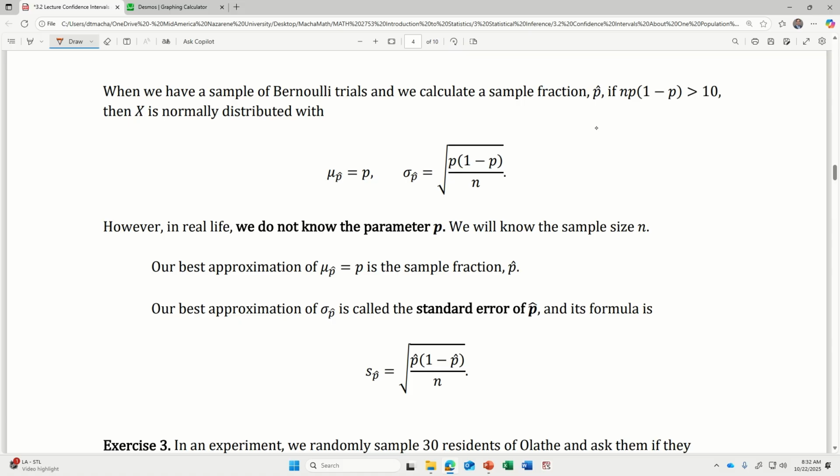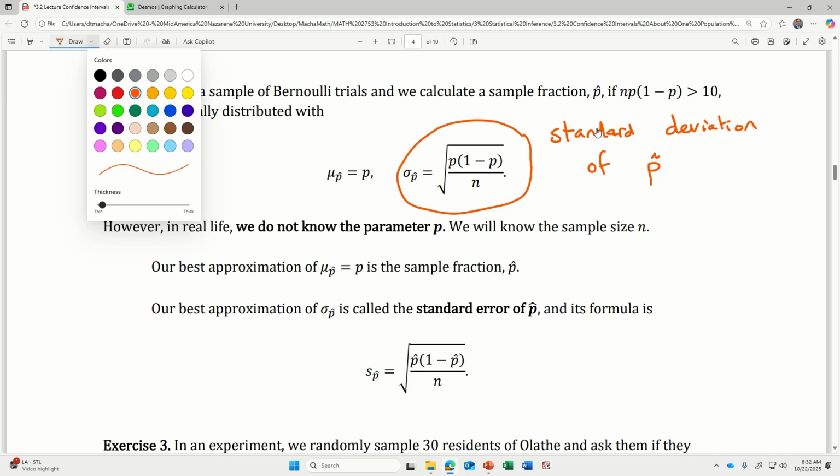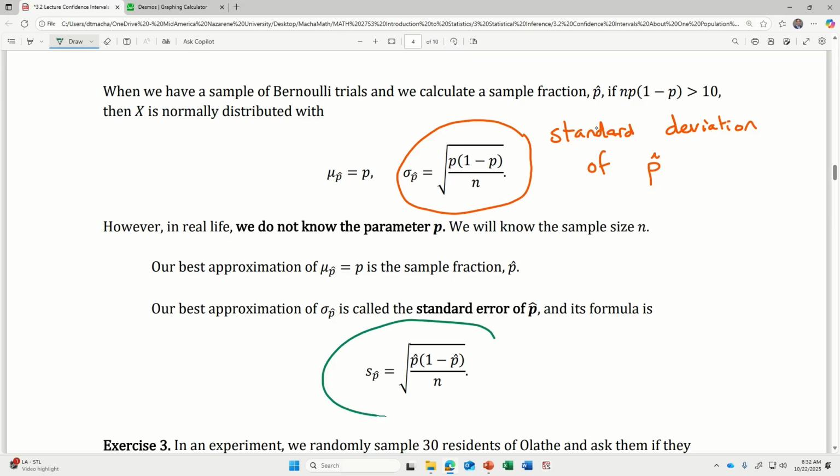And so while this would be the standard deviation of the sample fraction, this very similar looking formula is what we call in statistics the standard error of the sample fraction.